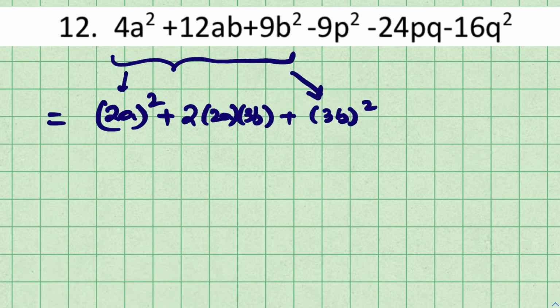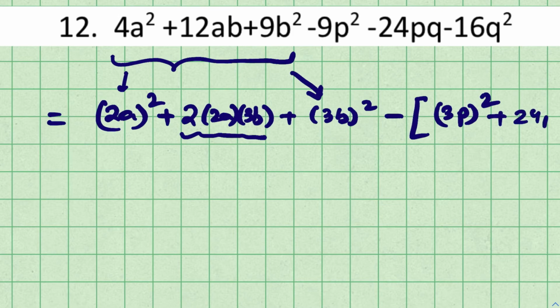So we notice that 4a square can be written as (2a) square, 9b square can be written as (3b) whole square, and the middle term can be written as 2 into 2a into 3b. Therefore, these three terms are easily factorizable. If I take minus common, we have 9p square, which can be written as (3p) whole square. Then we have 16q square.